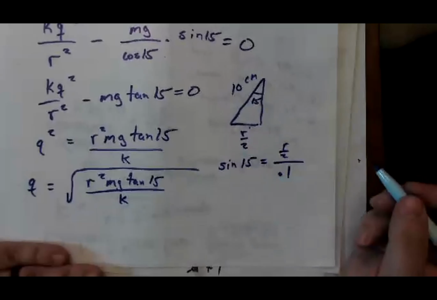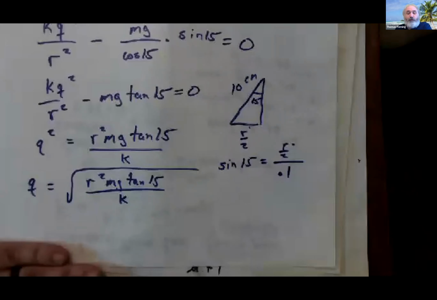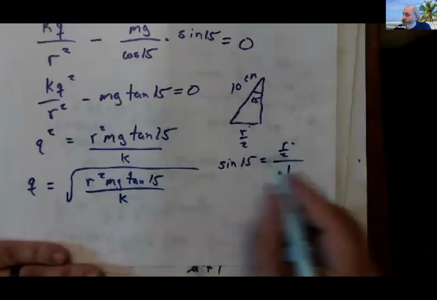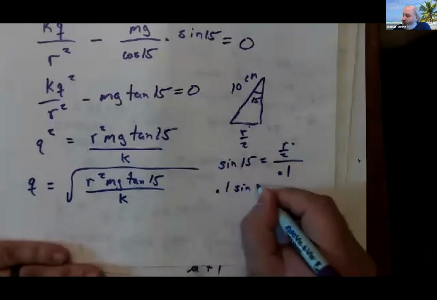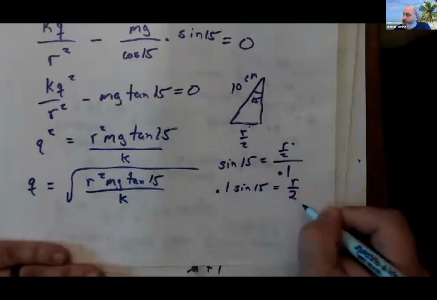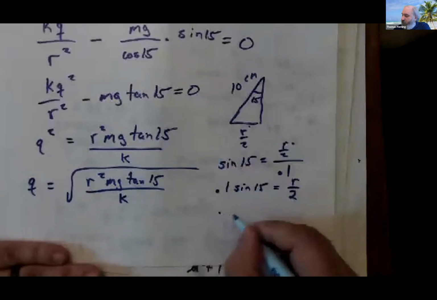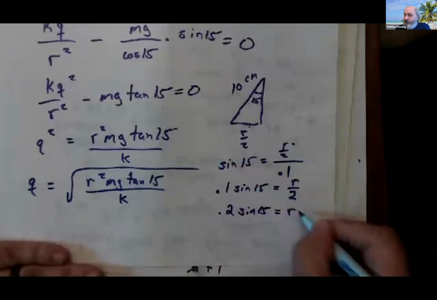This is a whole other equation, which I can now solve for r. If I take 0.1 on both sides, 0.1 times the sine of 15 equals half of r. Then if I double that, 0.2 times the sine of 15 is equal to r.